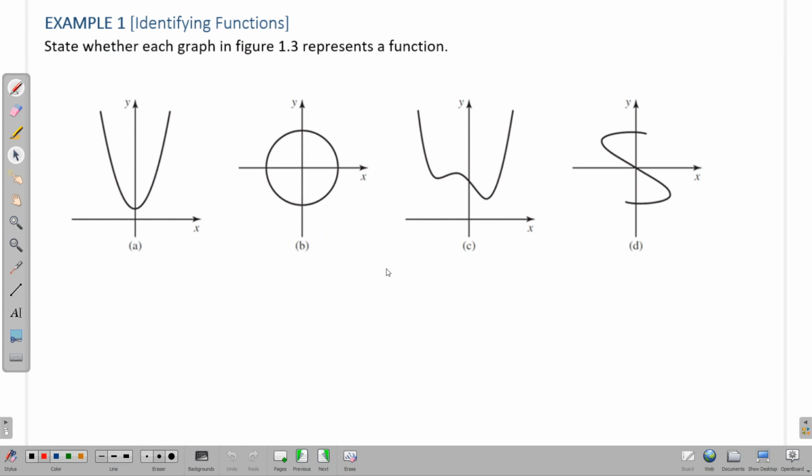Okay, so let's go through these and see which ones represent functions. So if we look at this first one, imagine drawing a straight line. Let's see if I can do it with this tool here. Yeah, let's see if it'll let me move it. Okay, that works. Okay, so no matter where I move this vertical line, it's only ever intersecting the graph at most 1 point. So this one is a function.